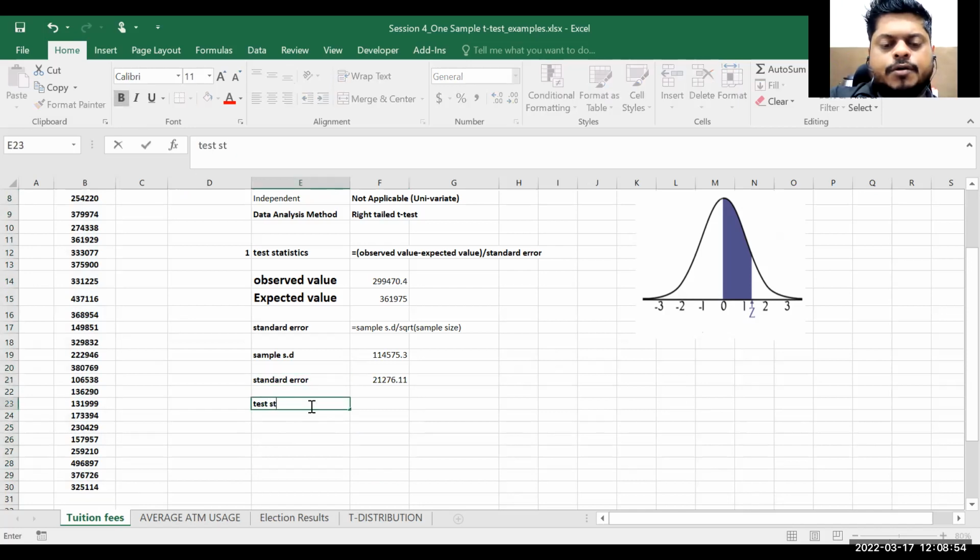Now I'll go and find out my test statistics, right? Test statistics is nothing but my observed value minus expected value divided by standard error. Minus 2.94.